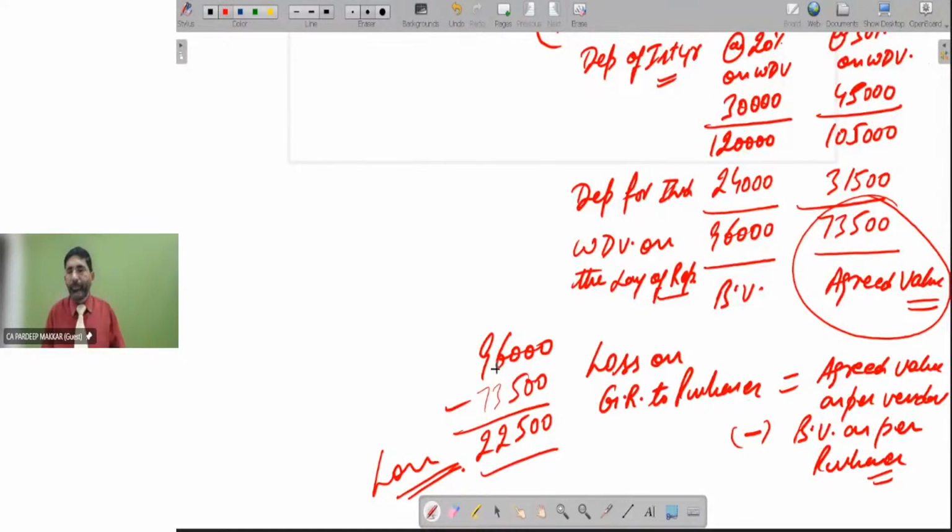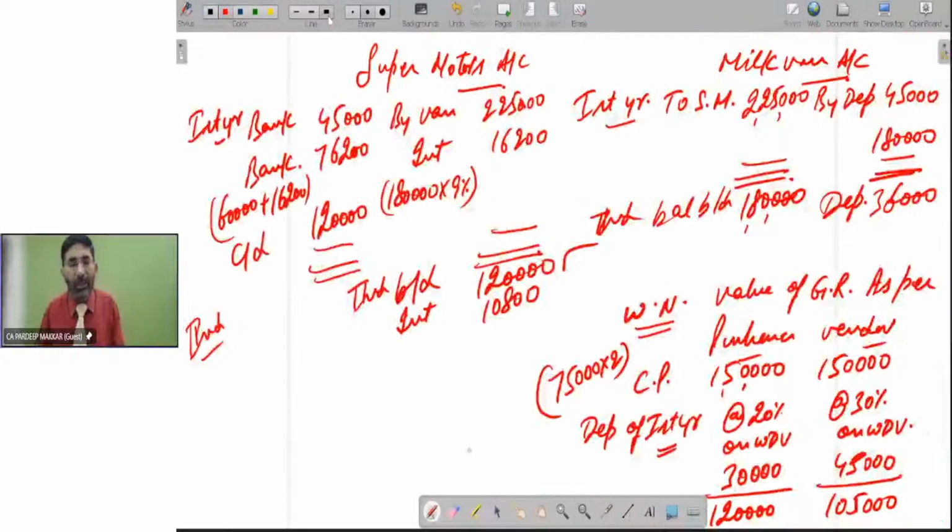सभी बिल्कुल ठीक चल रहा है ना? So we have to pass entries in the books as Super Motors have taken over the asset.